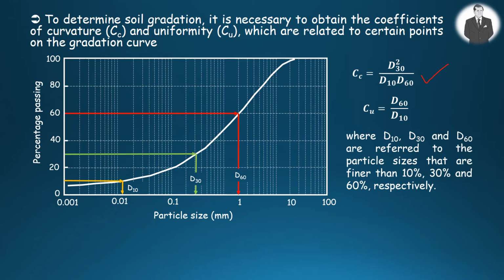C sub U, on the other hand, is the ratio between d sub 60 and d sub 10. D sub 10, d sub 30, and d sub 60 refer to the particle sizes that are finer than 10%, 30%, and 60%, as illustrated in the figure.